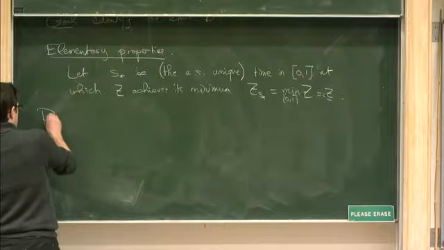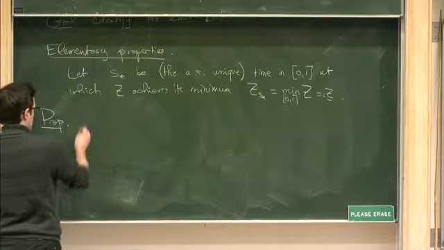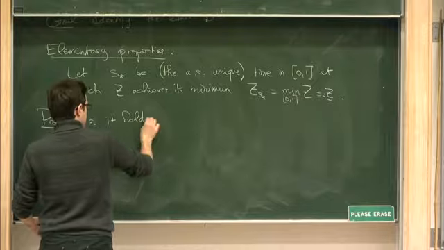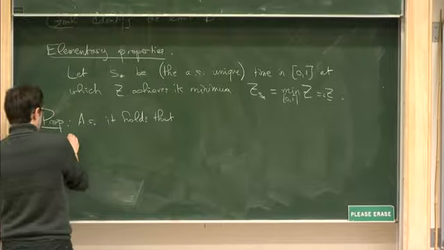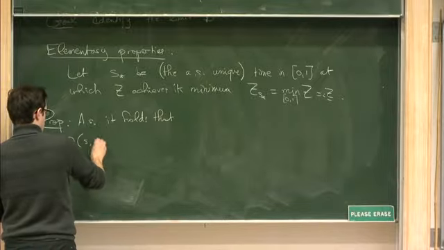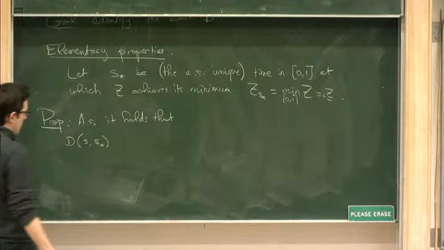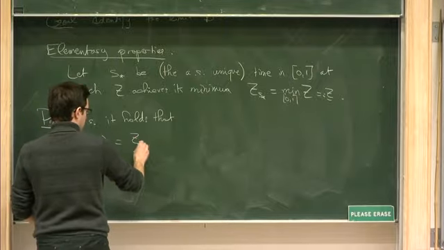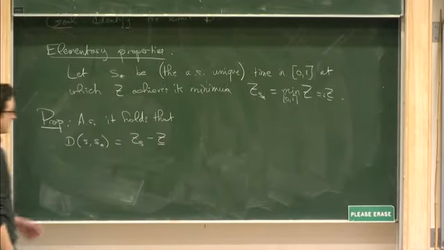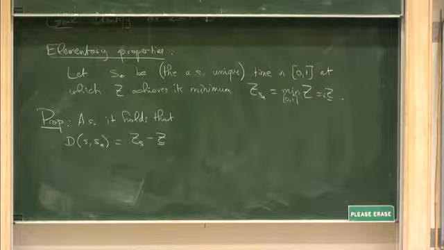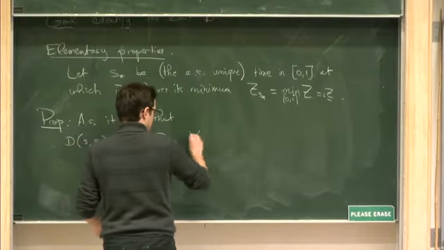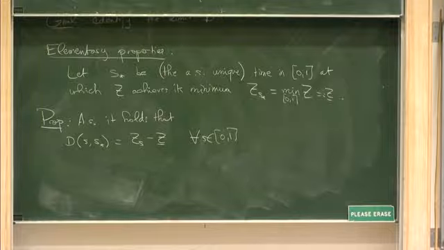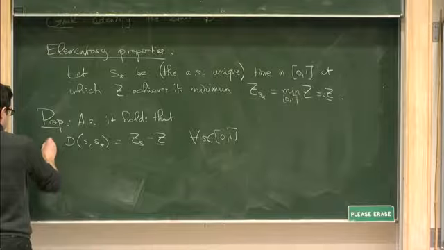So proposition. Almost surely, it holds that the distance from every s to s star is given by the difference between the labels Z_s and Z_{s star}, which is the minimum label. And that's almost surely for every s in [0,1] simultaneously. That's property 1.